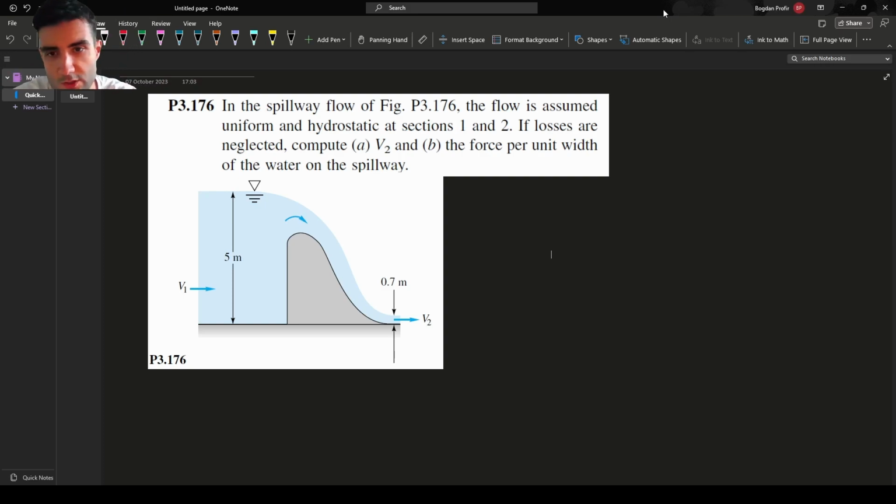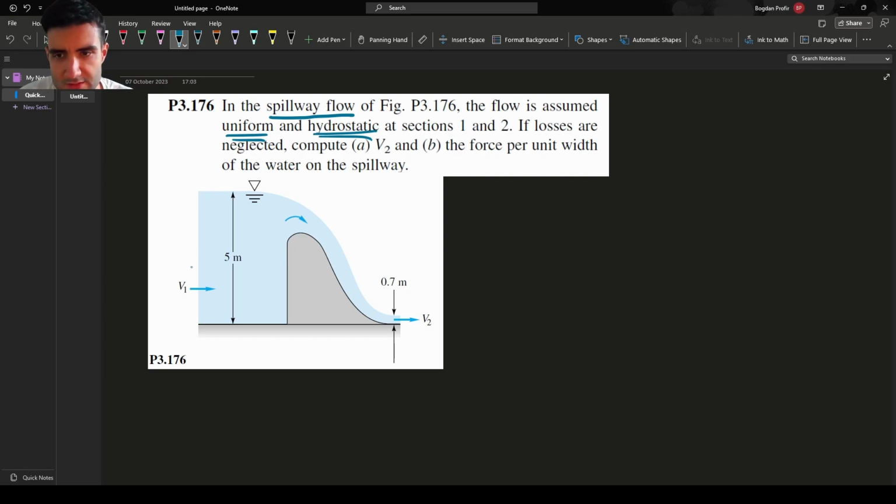So in this question, we're basically dealing with a dam, and there is, or as the question calls it, a spillway. So we're dealing with this spillway flow, and the flow is assumed to be uniform and hydrostatic.